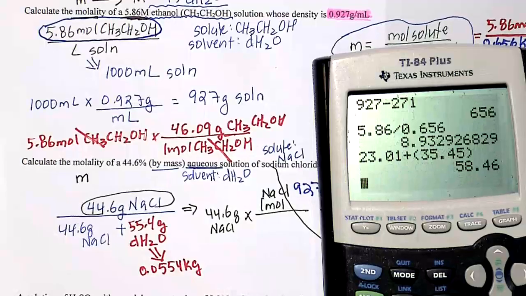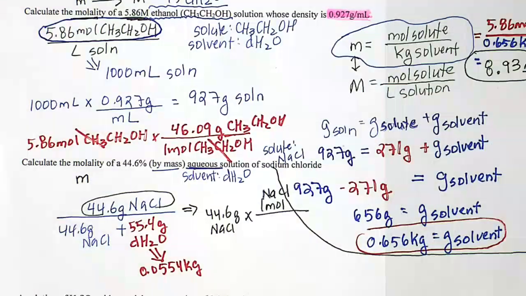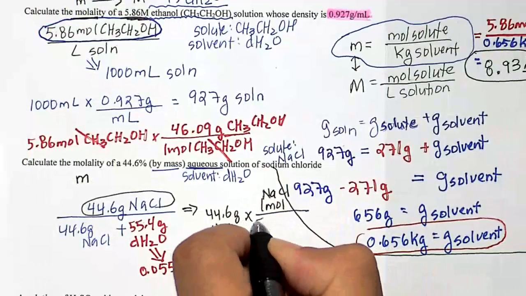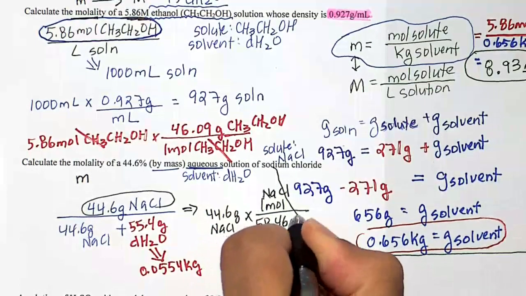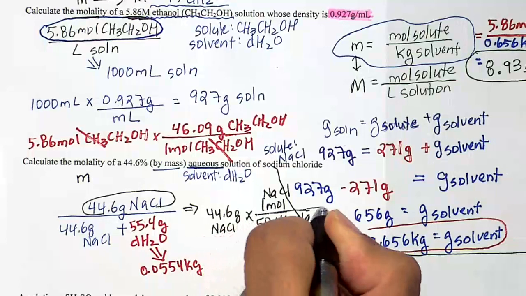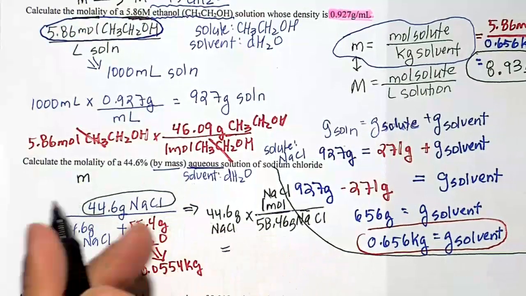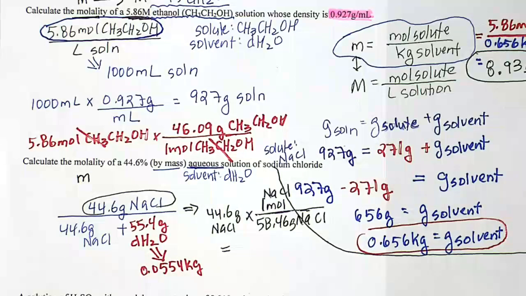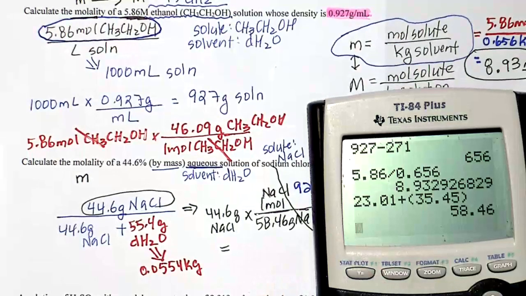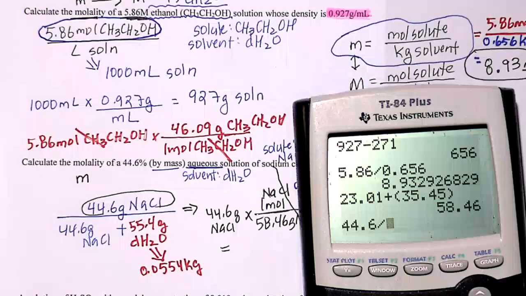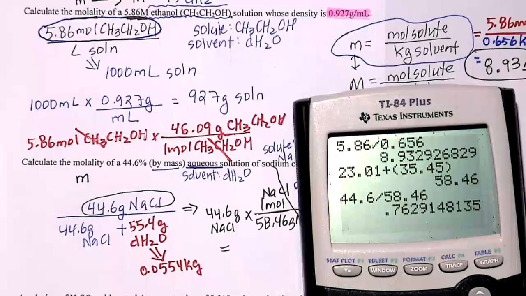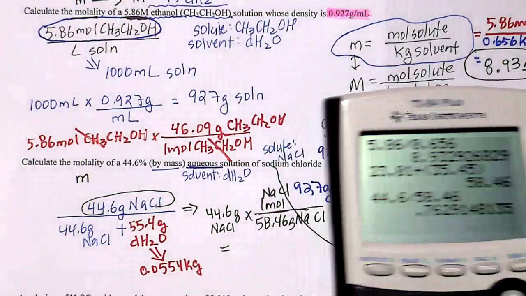So about 58.46 grams in 1 mole of sodium chloride. 44.6 divided by 58.46 will give us moles. 0.763 moles of sodium chloride.